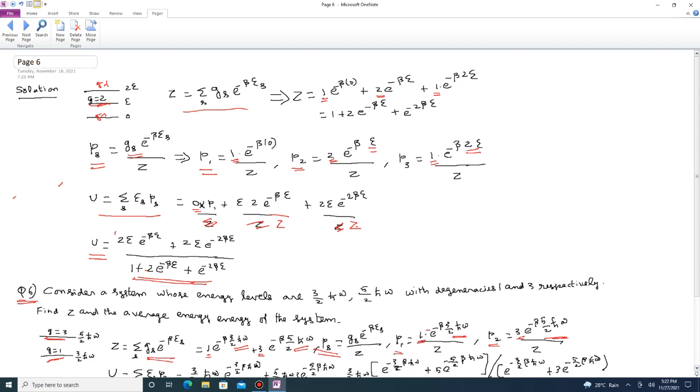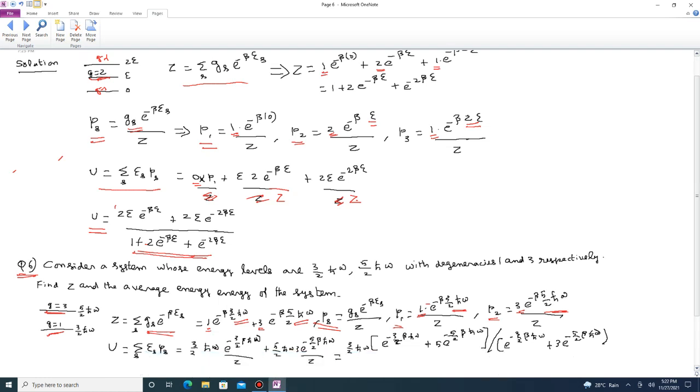Now let us evaluate the mean energy of the system, which is U. The expression for the average energy of the system is U equal to the summation over S of E_s P_s, which is equal to 3/2 h-bar omega into P1 plus 5/2 h-bar omega into P2, and once you simplify, you will get this expression.